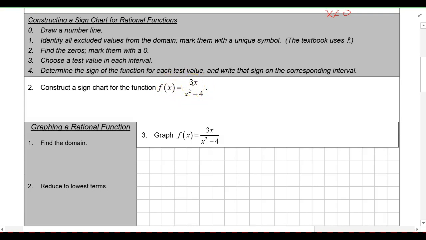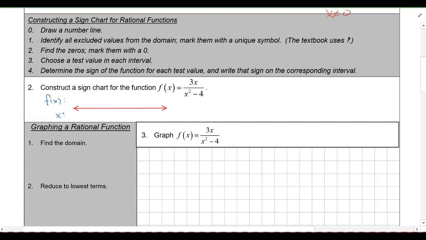And I'm going to start by just drawing a number line. Okay, so there's my number line. The way I do sign charts is I put the function values on top and the input values on the bottom.